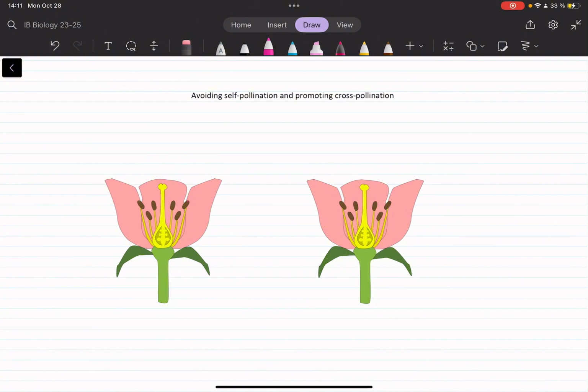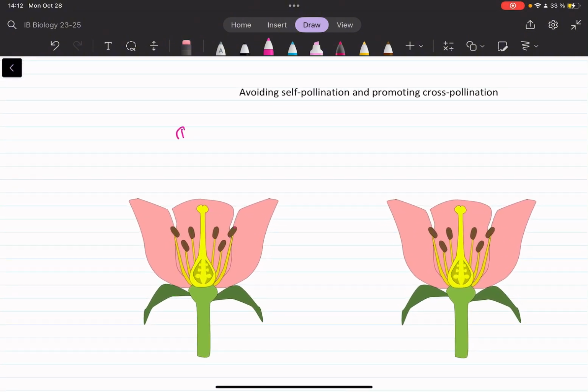And obviously, this can lead to the plant not being able to adapt to its environment because it's not changing its genetic code. So generally, plants want to avoid self-pollinating and want to allow for more cross-pollination. So how does it do that?